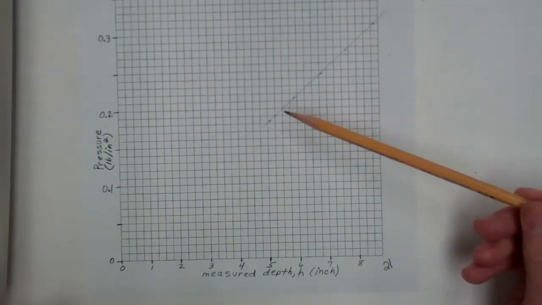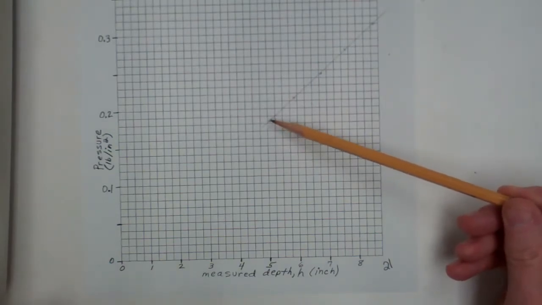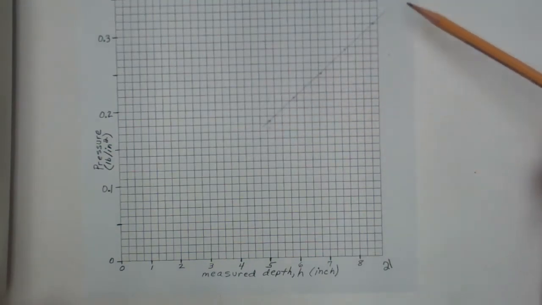I demonstrated the very first data point and the calculations, and I've gone ahead and done the other 4, so we have 5 data points. What's being graphed here is the actual fluid pressure and the actual depth, which were the 2 columns on the furthest right on the worksheet.